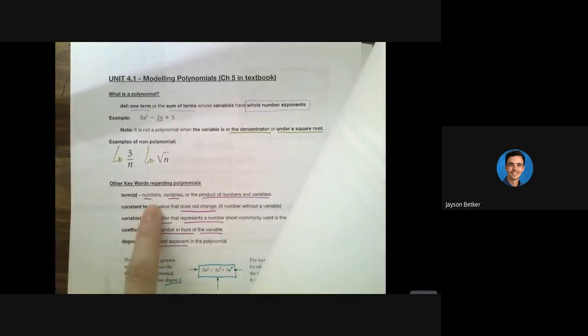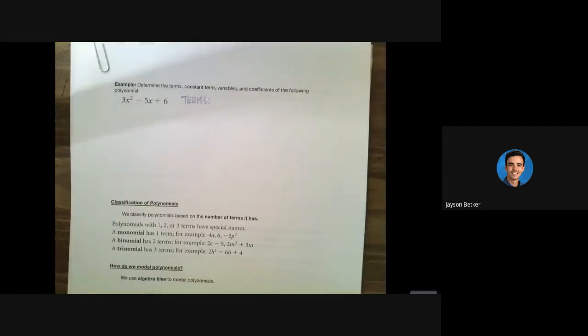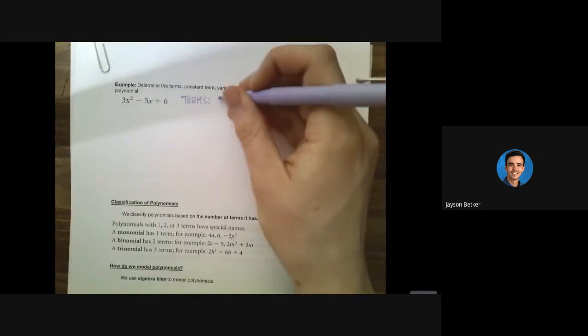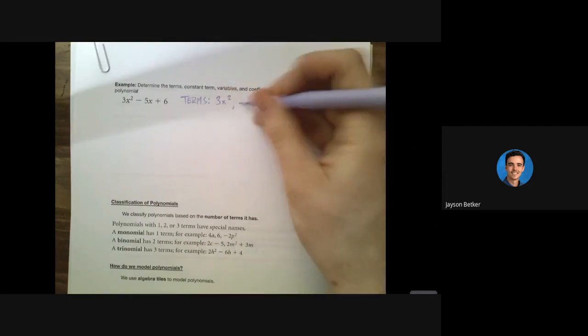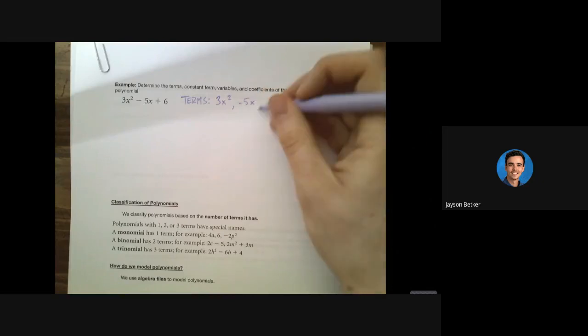Now, some of you might be thinking already again, okay, wait, what's a term? I don't remember. Well, let's take a look back here. A term is the numbers, variables, and product of number and variables. It's basically just everything. For our terms, we've got 3x squared, we've got negative 5x, and we've got 6. Those are all terms.